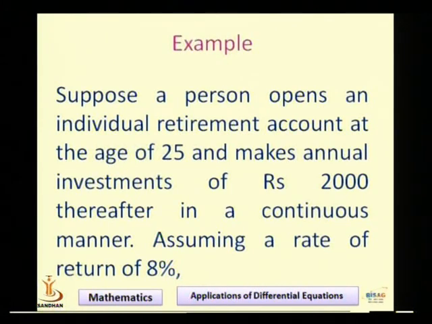Now let us illustrate this by using this example. Suppose a person opens an individual retirement account at the age of 25 and makes annual investments of rupees 2000 thereafter in a continuous manner. You assume that the rate of return is 8%.